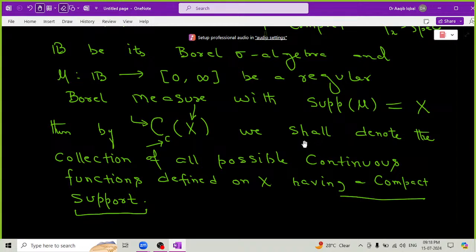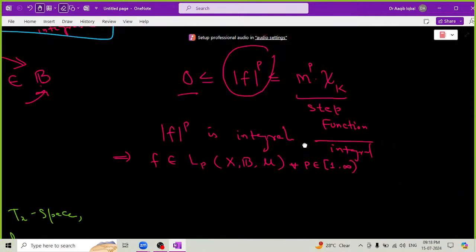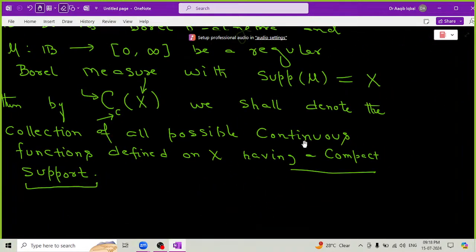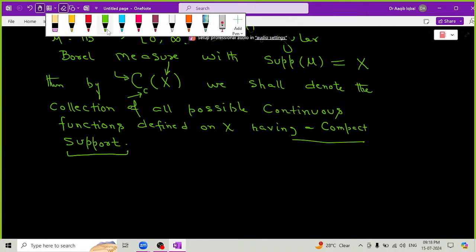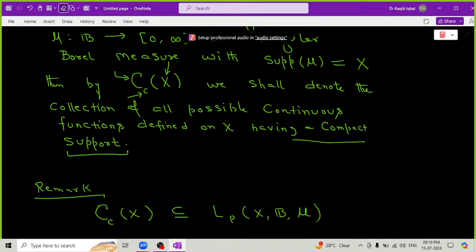By this symbol we are using this symbol to denote the collection of all possible functions which are continuous and have a compact support. और यहाँ जो आपने अभी यहाँ देखा, what can you tell me in the light of this observation? ऊपर वाली चीज़ को अगर आप यहाँ इनकॉर्पोरेट करेंगे, so you can immediately see that, वो यहाँ से एक immediate remark follow होती है, वो ये है, ये जो कलेक्शन है C sub Cx, where x is a locally compact T2 space, this is contained in LP of x, B, mu, where B is the Borel sigma algebra of x and mu is a regular Borel measure defined on this Borel sigma algebra.